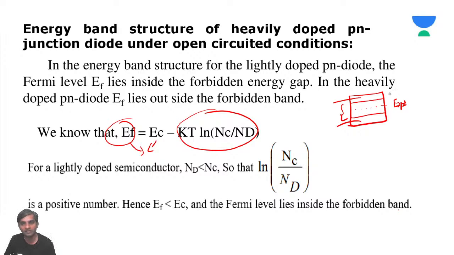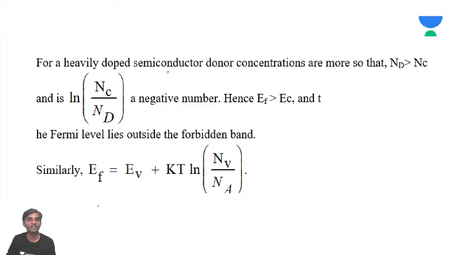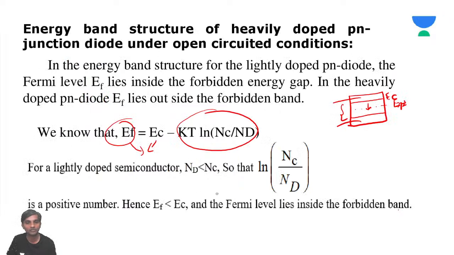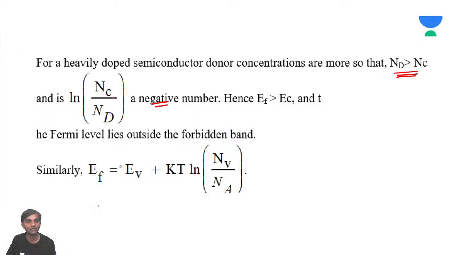For a heavily doped semiconductor, the donor concentration is more, that is, ND is greater than NC. When ND is greater than NC, the term ln of NC by ND is negative, so EF becomes greater than EC, and the Fermi level lies outside the forbidden band.